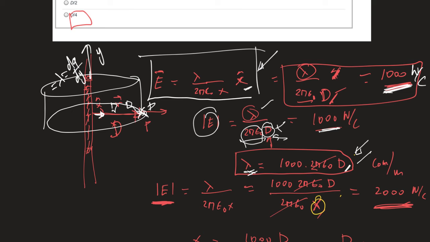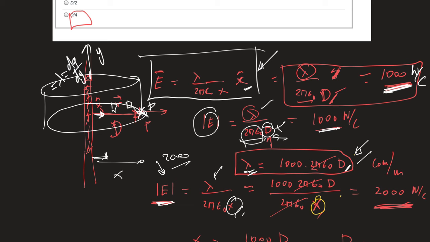Now, what is the distance when the electric field is 2000? We will have a new position, a new distance x from the charge. Of course, if it's a stronger electric field, the distance will be lower.